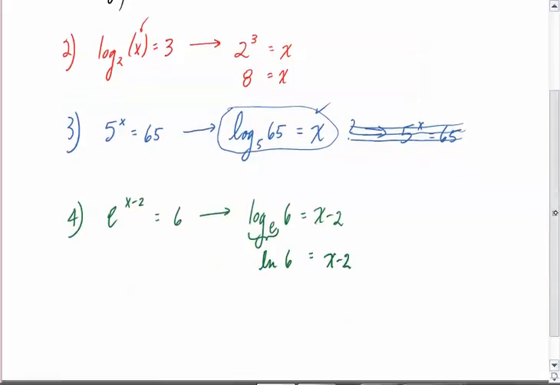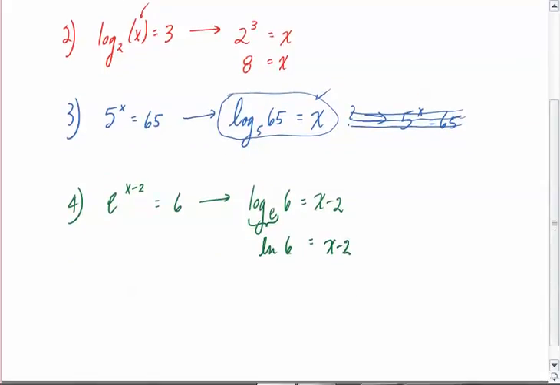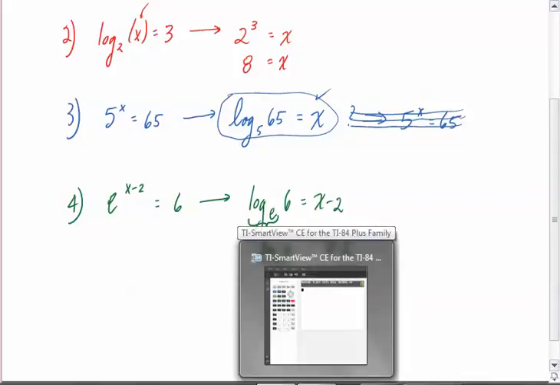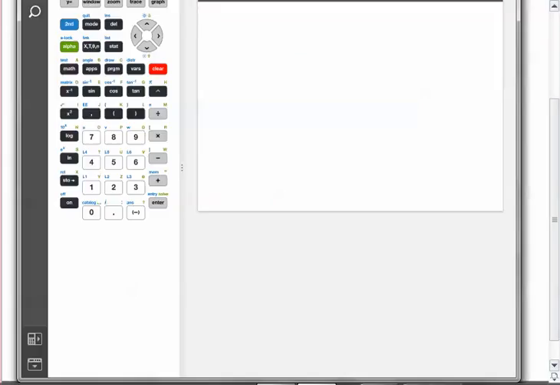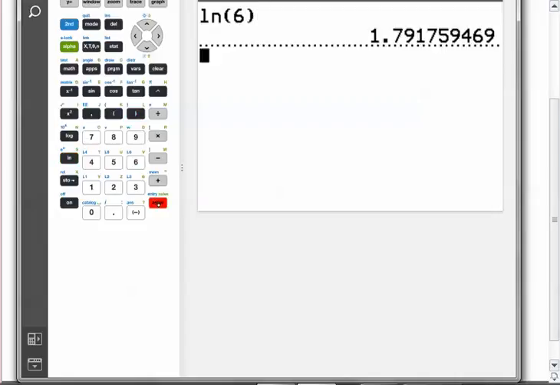Now, at this point, even though it didn't say to solve it, I can actually find out what the x value is, by just plugging into the calculator. So I may or may not want to do that at this point, but again, if you needed to find out what the value of x is, we would just go natural log of 6, enter, and there it is, 1.79.